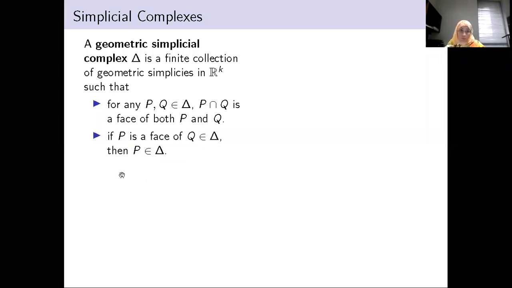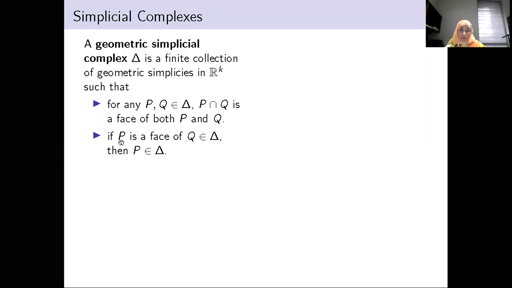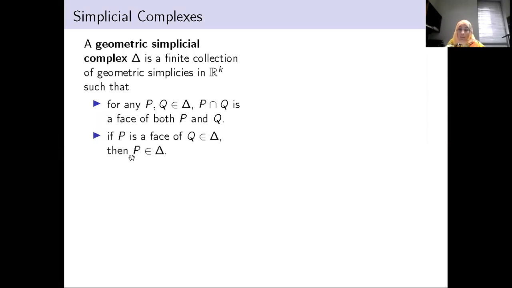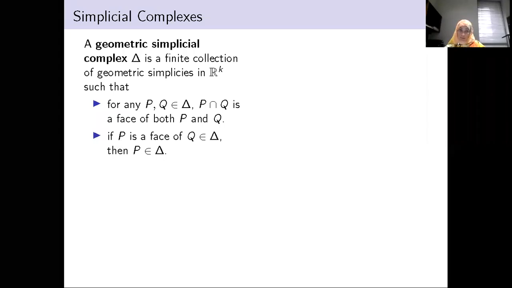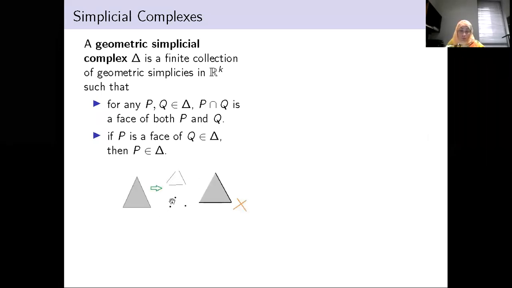And the other property is that if you have a simplex in your collection, and P is a face of that one, then P must be a part of that collection, which means that P is also a simplex in this simplicial complex. So if you have this triangle in this Delta, which is a simplicial complex, then these edges and vertices must be a part of Delta.